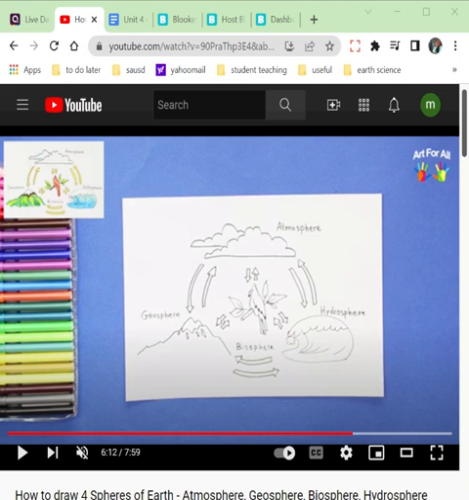Okay, that's my attempt at an igloo. Okay, let me add one more.